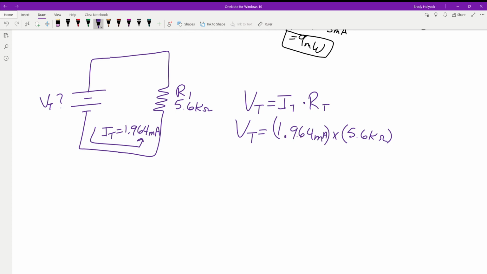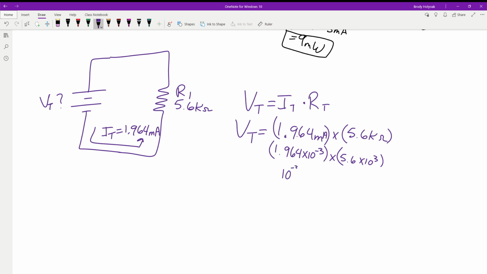Amps, ohms, volts, watts, amps, and volts. So the red is the unit that they're being measured in. Keep that in mind. This is 1.964 times 10 to the negative third times 5.6 times 10 to the third. Okay? What's going to happen with our prefixes? They're going to cancel each other out because we can pull these guys out.